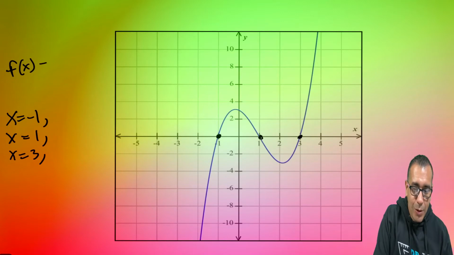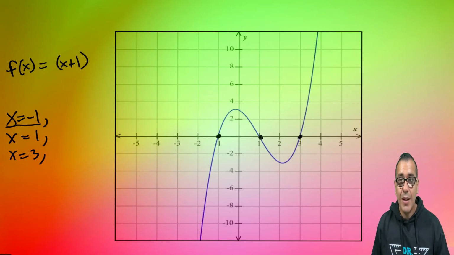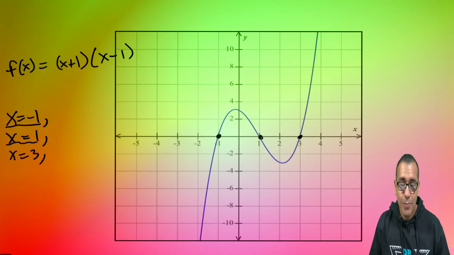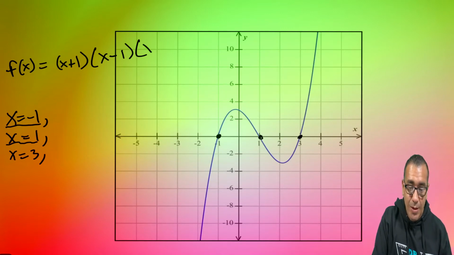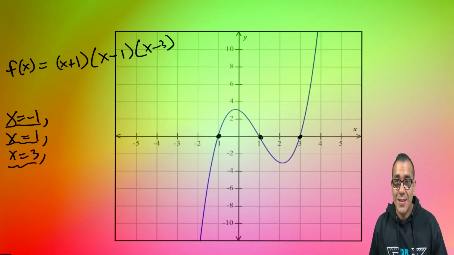We have a factor of x plus 1, associated with this zero. Then I have x minus 1, associated with this zero. And then we have another factor of x minus 3, associated with this zero.